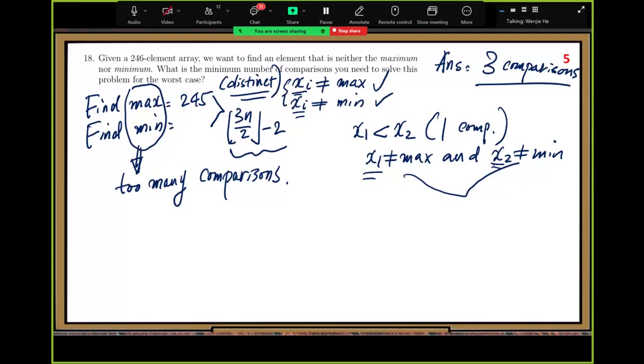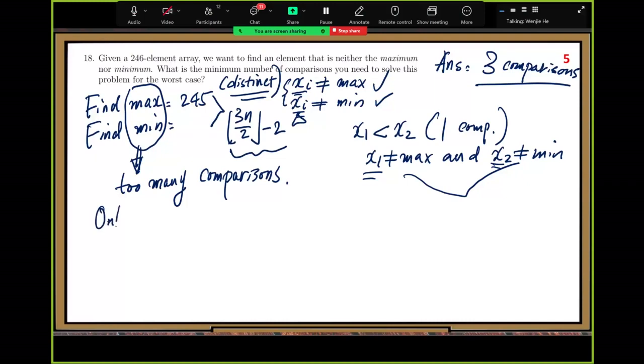So we just need a little more work to get to the destination. We just need to find one element that is greater than one element and smaller than another element. That's enough.